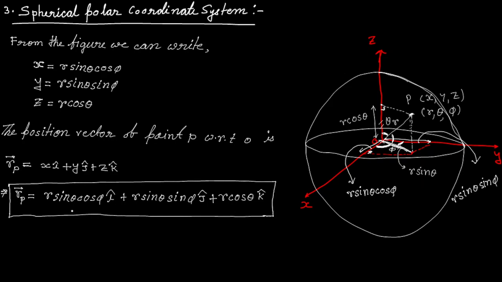So in spherical polar coordinates, this position vector Rp is a function of r, theta, phi. So it's a function of three variables. So we can define three unit vectors associated with each variable. So let me define that first.